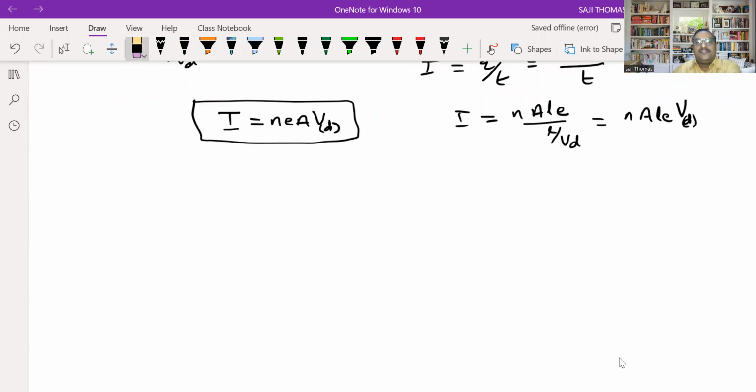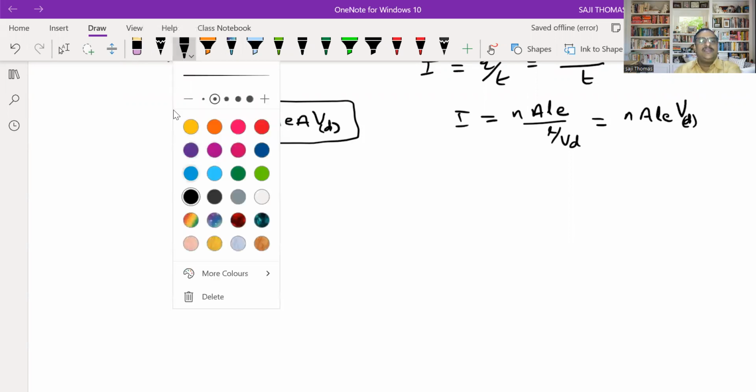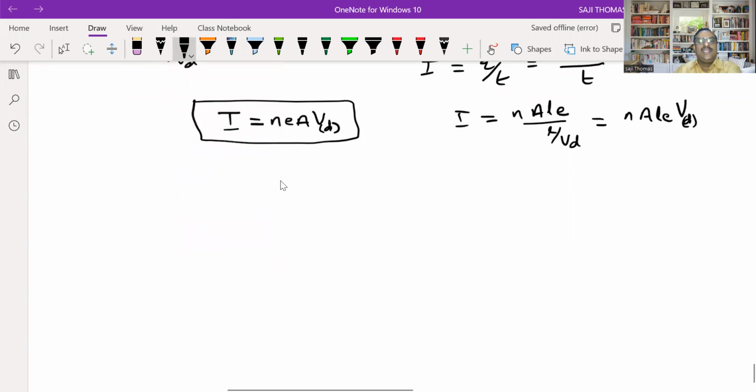So we got the equation for current in terms of drift velocity, I equals nevAd. And you know the equation for drift velocity, eV by mL into tau, where V is the potential difference.